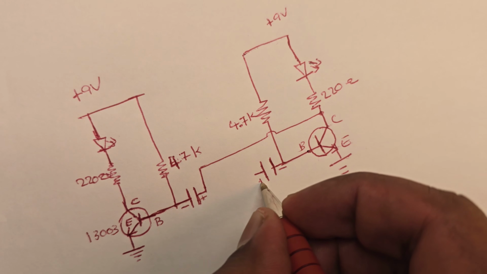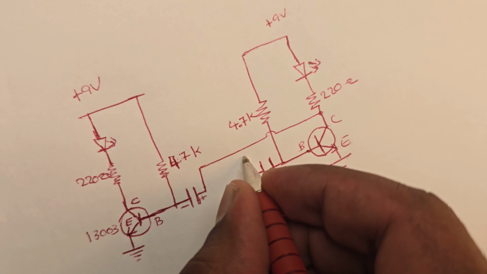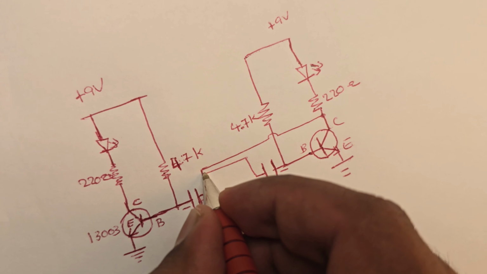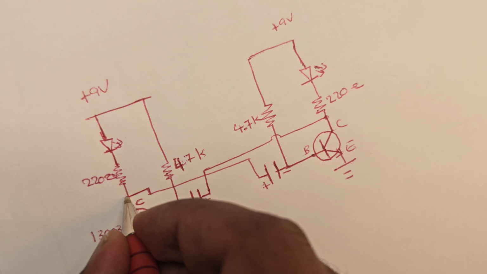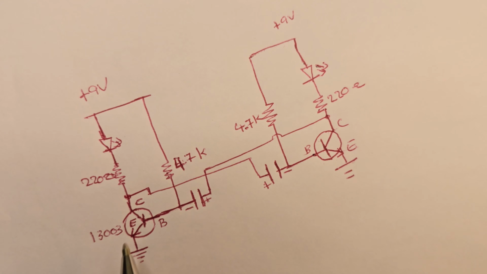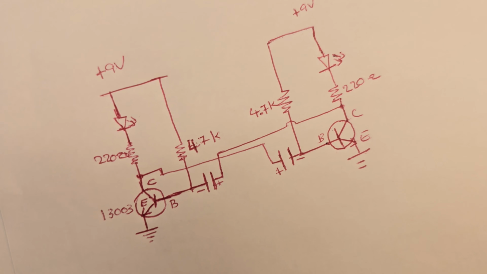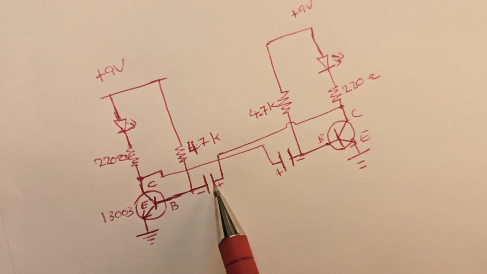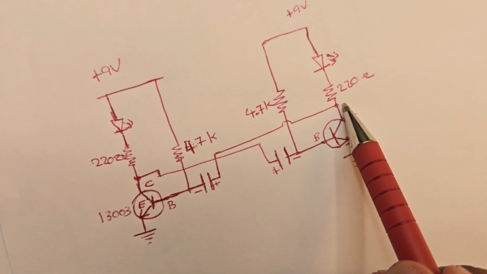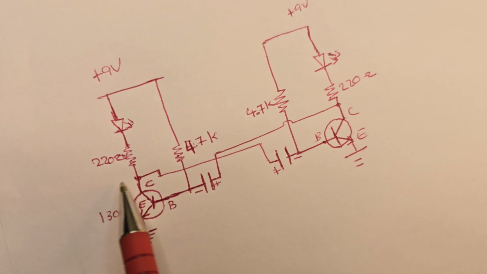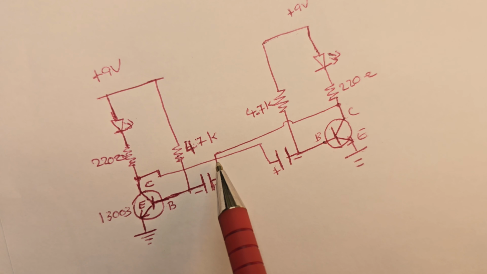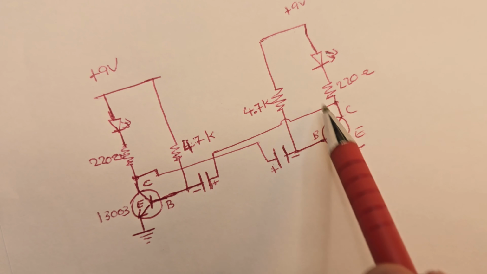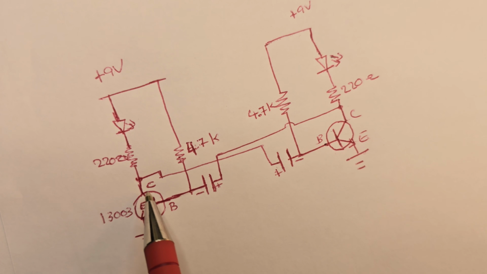Then the positive of this capacitor to the collector of this transistor. So what I've done: the positive of this capacitor is connected to the collector of this transistor, and the positive of this capacitor is connected to the collector of this transistor. You have to remember that there is no connection here or here. Just draw it like that. It's not touching anything, just the positive going to the collector and this positive just going to the collector.